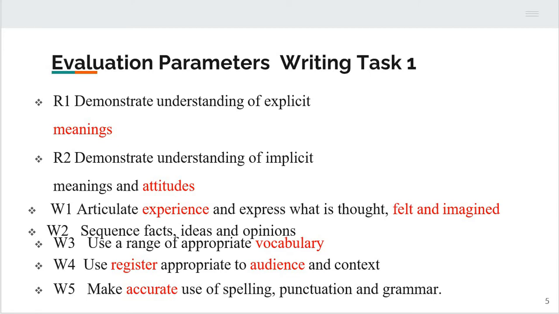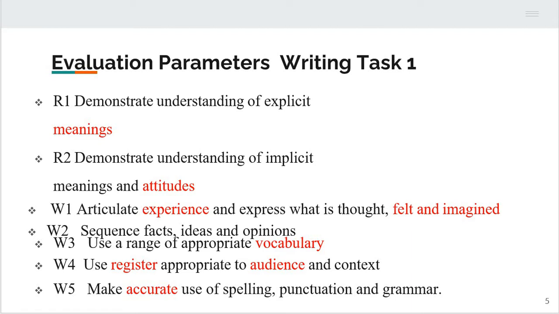Evaluation parameters. How does the O-level examination body check your paper, and which points are considered while giving marks? Demonstrate understanding of explicit meanings. Meanings should be very clear. And understanding of implicit meaning.